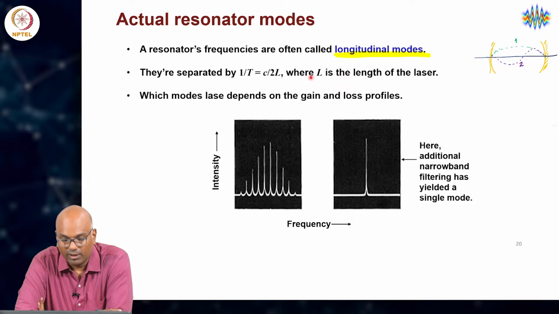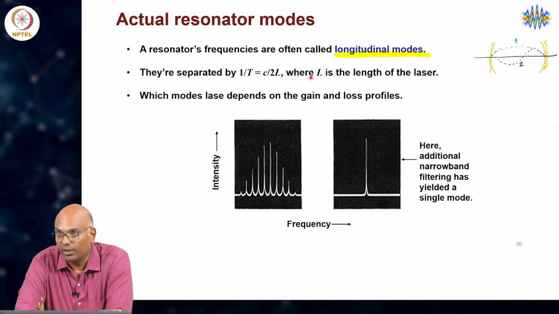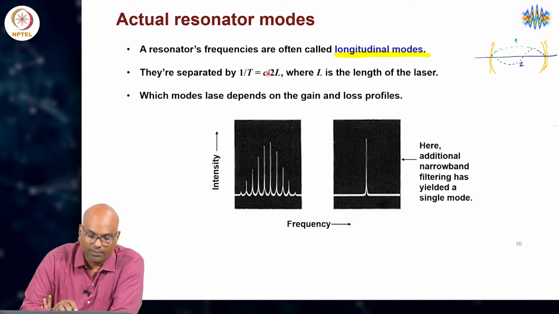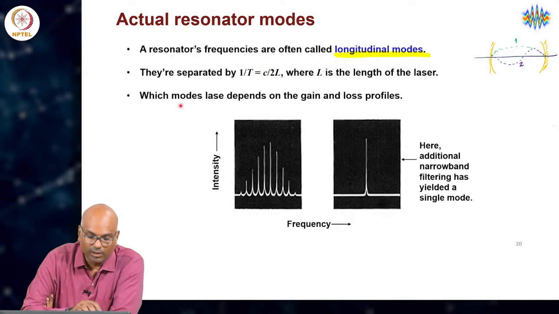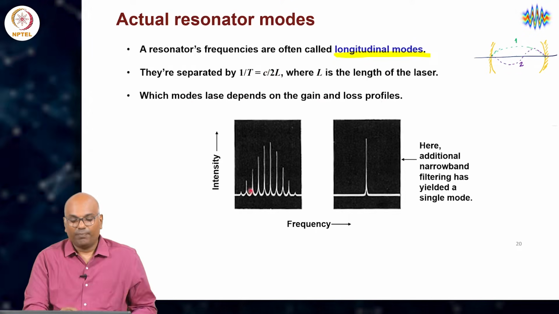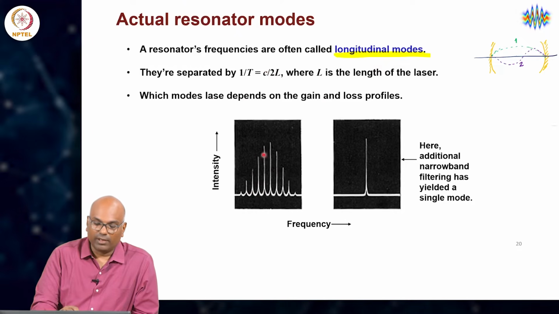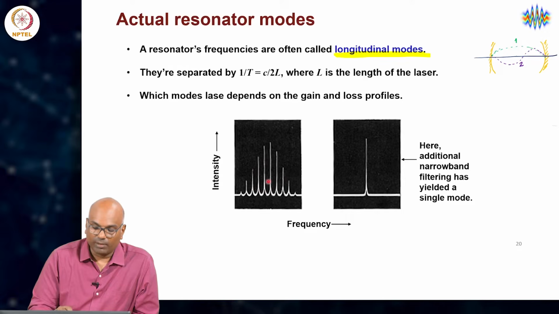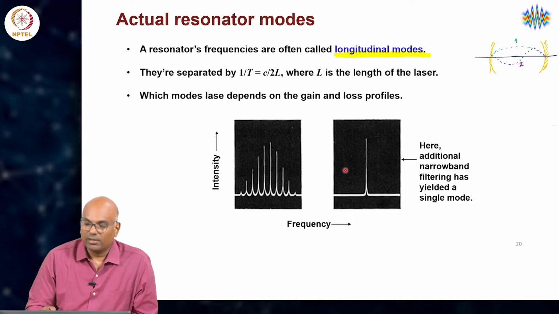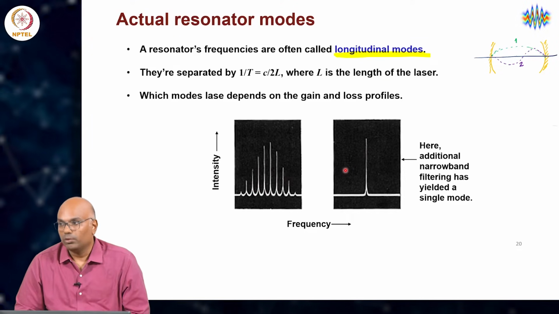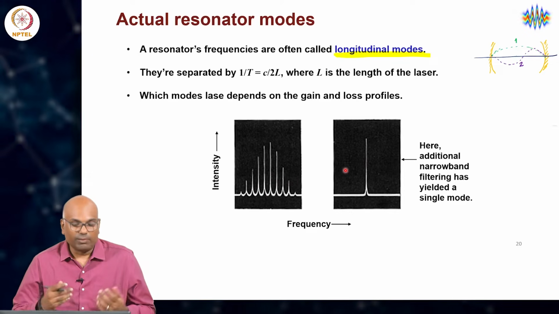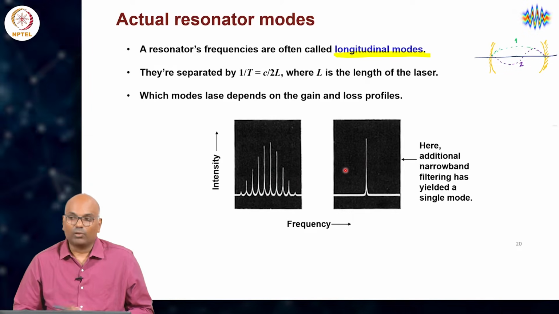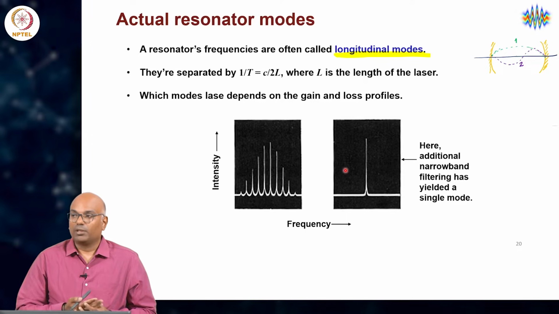It is essentially L is half the round trip length or the length of a typical laser, then it is essentially C divided by 2L. Okay. So, we can essentially figure out in a laser, while quite a few cavity modes can be sustained, the laser itself may laze only at 1 or 2 frequencies, which depends upon other properties concerning the gain and the loss of a typical laser.